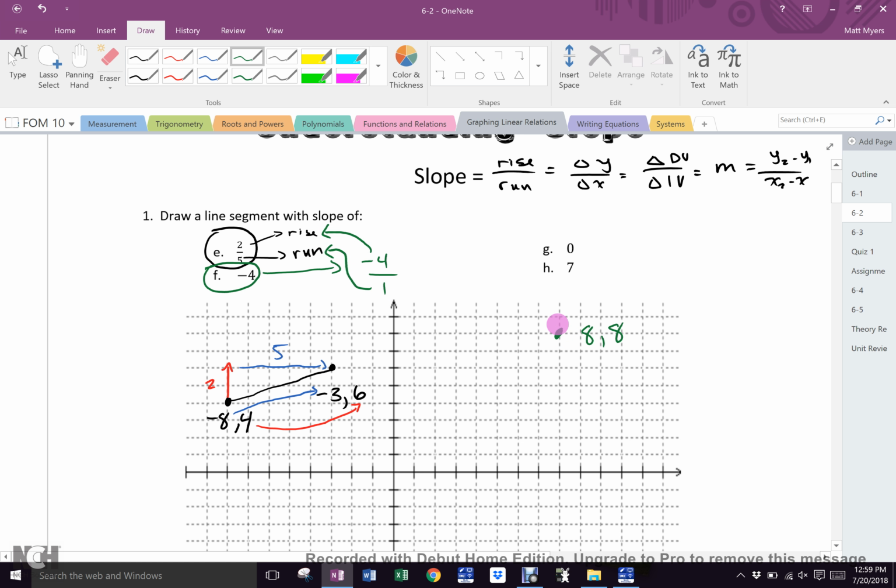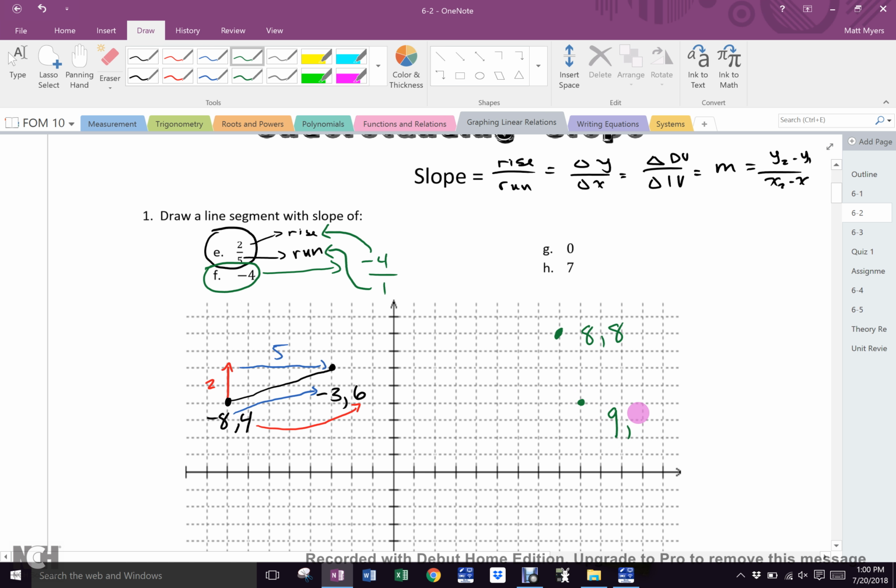How do I do that? Rise over run. I have to do the rise first, so I have a rise of -4. 1, 2, 3, 4. And then a run of +1 over to there. Then I write that point.